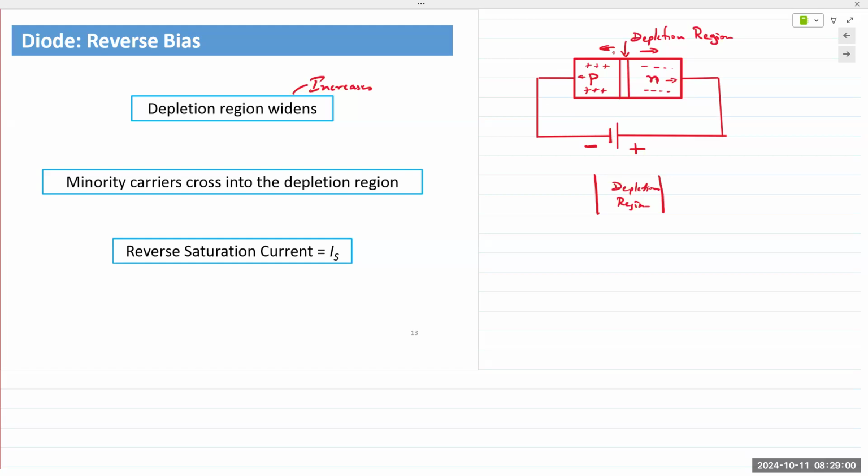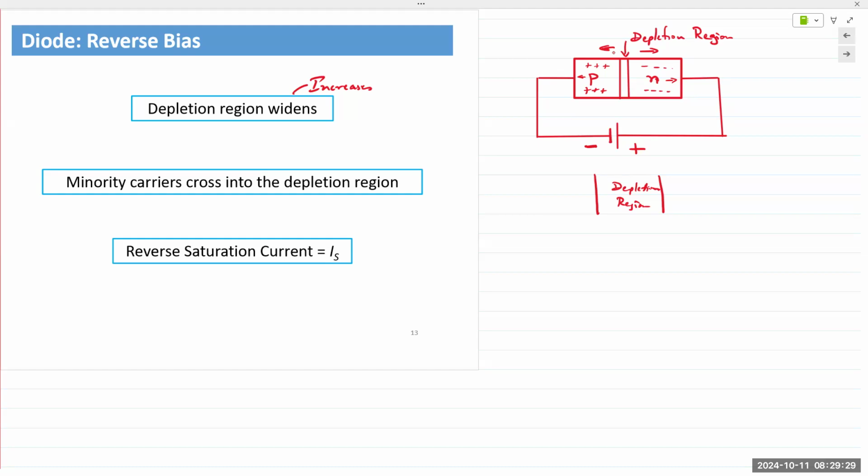So let's see. Oh yeah. In reverse bias the depletion region widens, and we still have minority carriers flowing through, so we have a reverse saturation current. There is a saturation current present in forward bias and in reverse bias. It can be referred to as reverse saturation current, or simply saturation current.